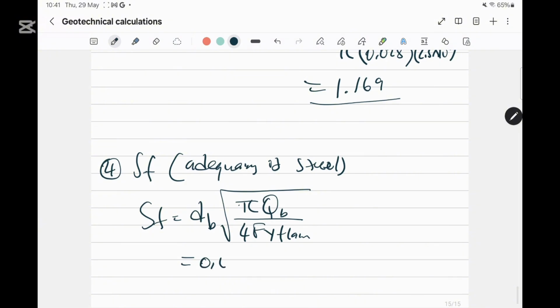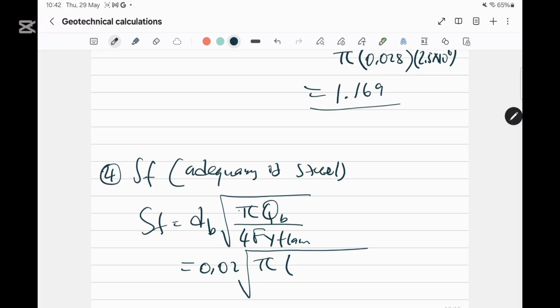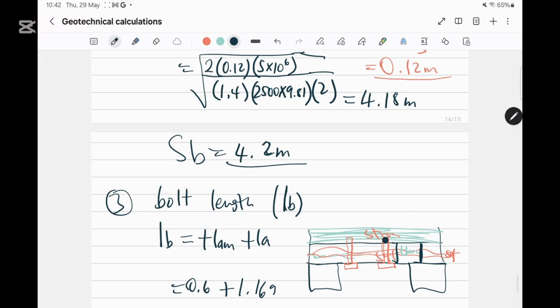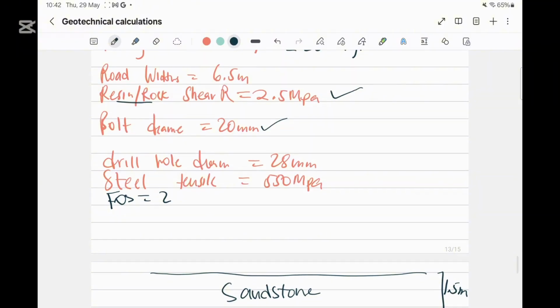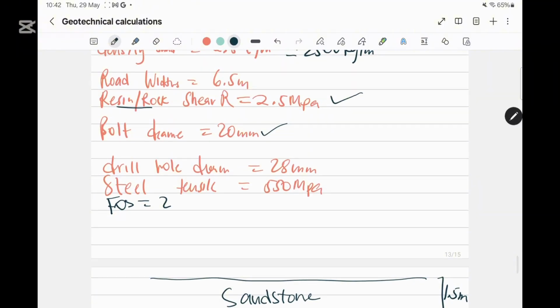So it's going to be 0.02 times the square root, then your pi. This one is the steel tensile strength, which is 550. It's no longer the sandstone, it's QB for the bolt, B for bolt.